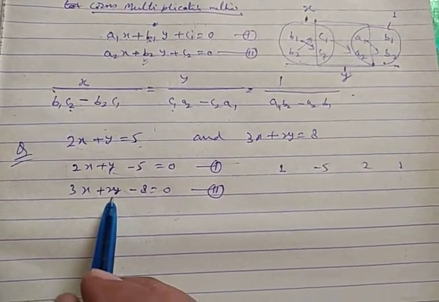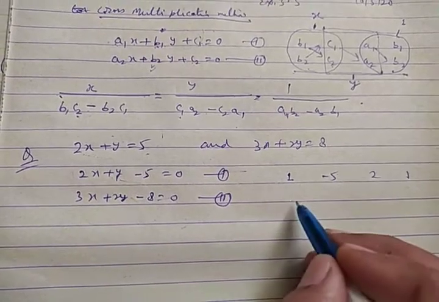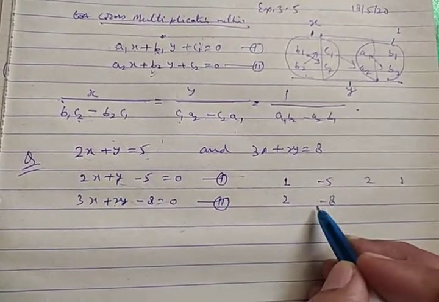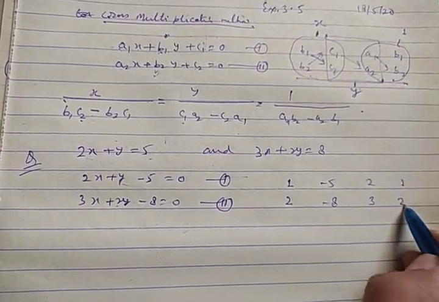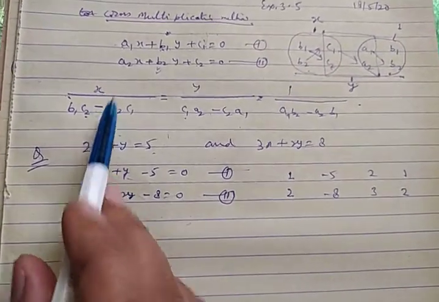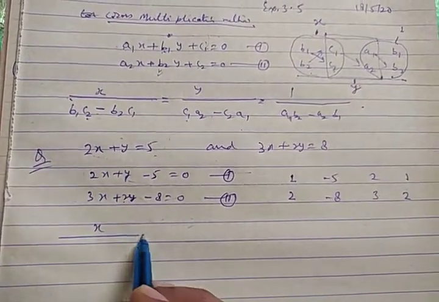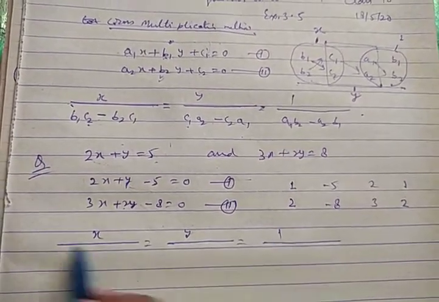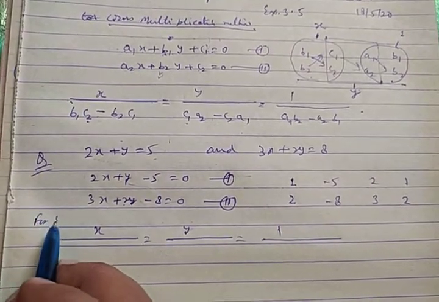For the second equation, you also write the same thing. You start from the middle one, that is 2, then minus 8, then 3, again 2. The same is to be followed, x upon, y upon, 1 upon. You can insert a line for the solution.